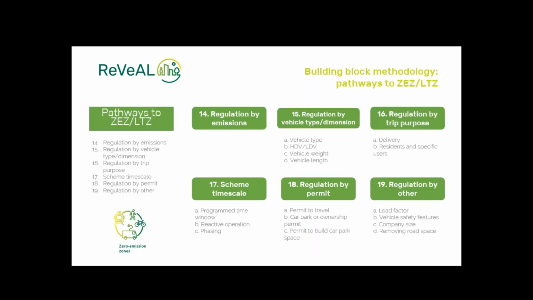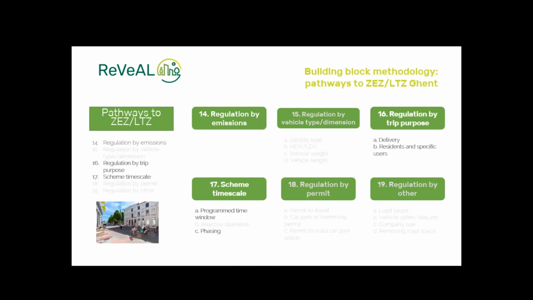And for our pathways to zero emission zones or low traffic zones, certain regulations, such as the regulations by trip purpose or a scheme timescale, were also part of our circulation plan in Ghent. So what we want to show here is that although our circulation plan in Ghent is mostly a spatial intervention, it also has aspects of our other measure fields, other building blocks mixed into the scheme.